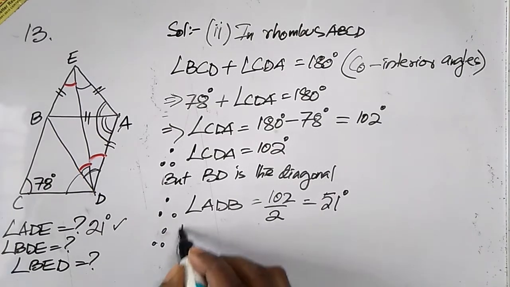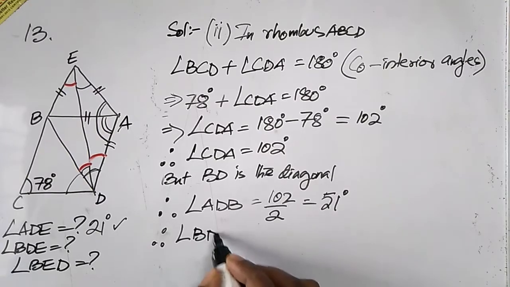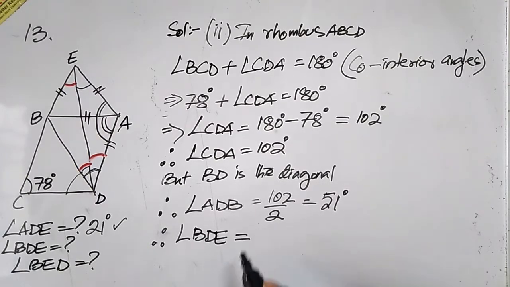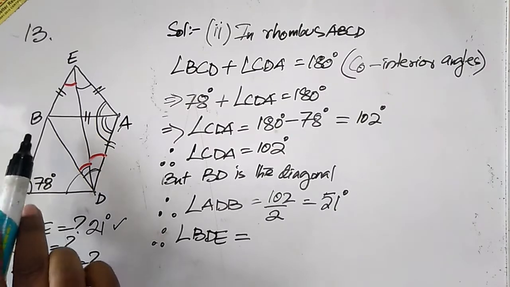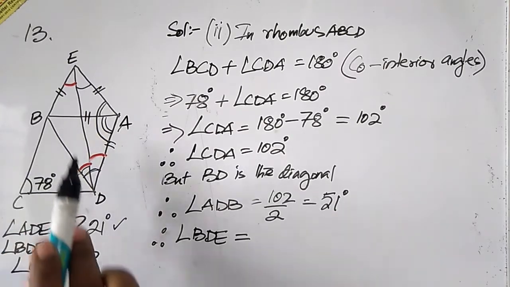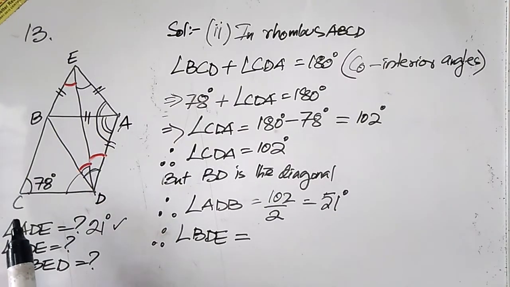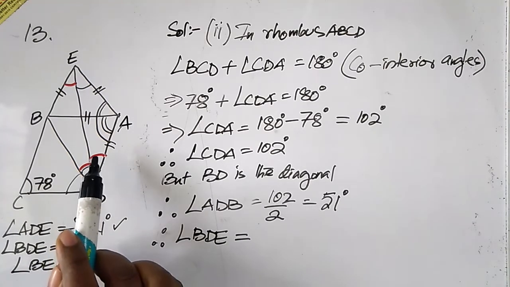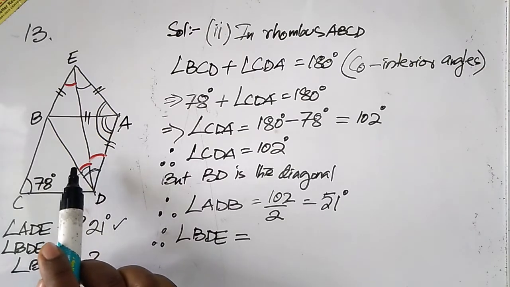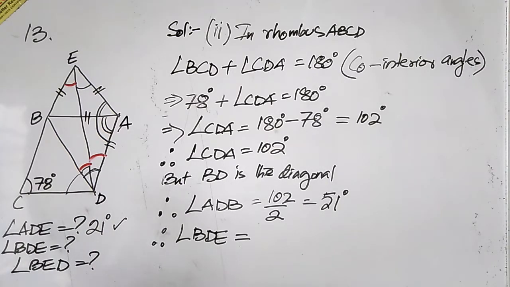Okay, therefore angle BDE is equal to, look at the angle carefully, okay? Angle BDE should be equal to the sum of two angles, right? Which are the two angles? This angle over here and this angle over here, right?